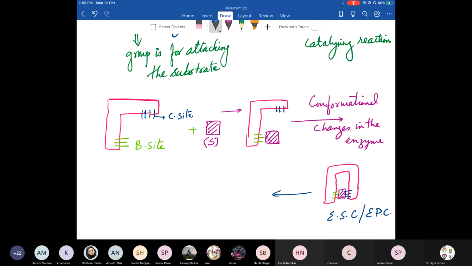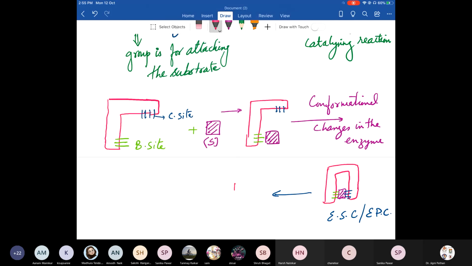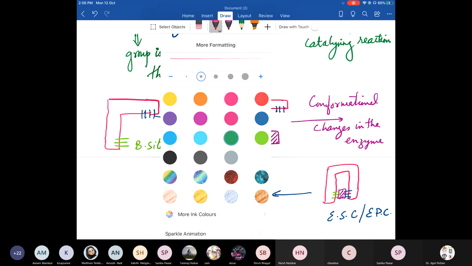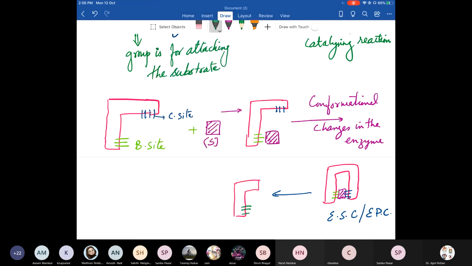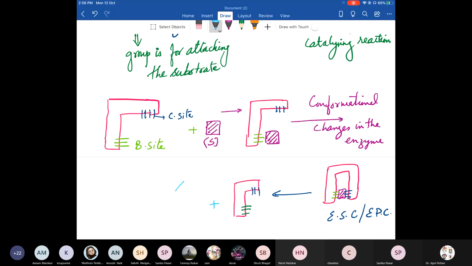Then you get your enzyme back after the reaction, and also you get your product.